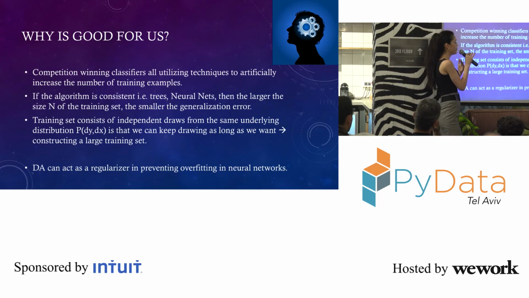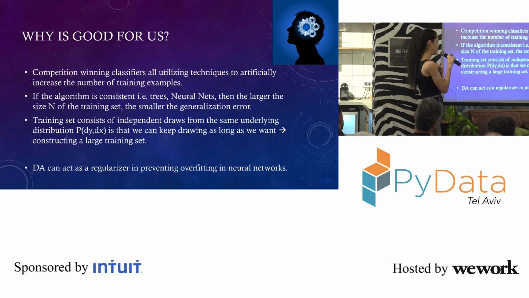We can keep drawing as long as we want, and then we construct a training set as large as we want. Lastly, data augmentation can act as a regularizer and prevent overfitting in neural networks.